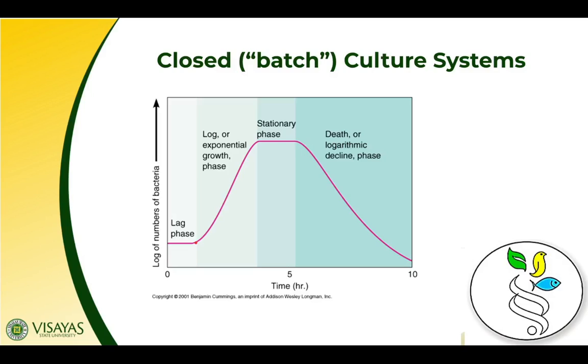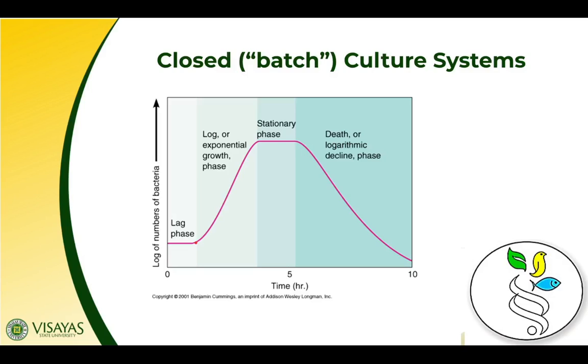So this is the log or the exponential growth phase. However, there will come a time when the nutrients will be limited and there will not be enough nutrients, so others will be dying. The bacterial growth will now reach the stationary phase, wherein the number of those dying is equal to the number of new cells produced.